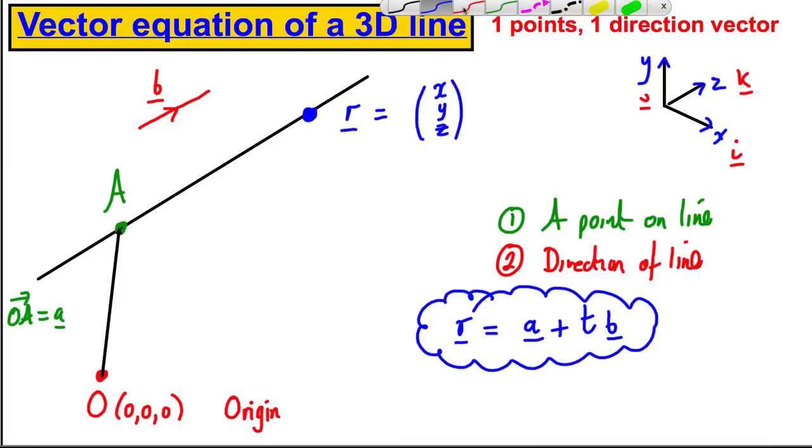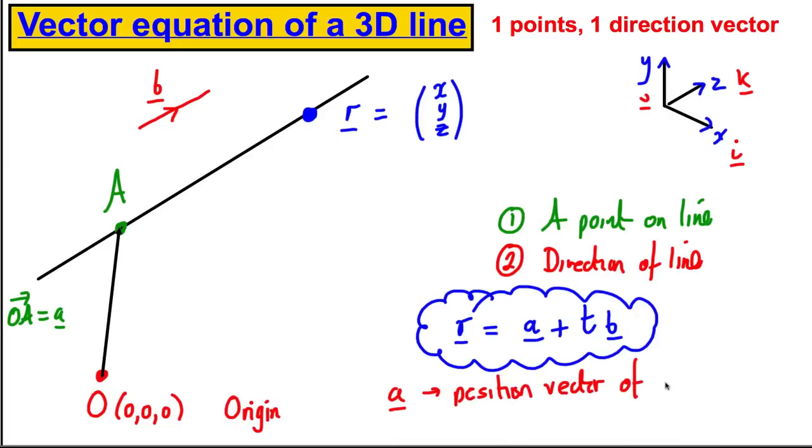Now the important things, what these are: A is a position vector of a point on the line. B is the vector, or the direction vector even, the direction vector of the line.